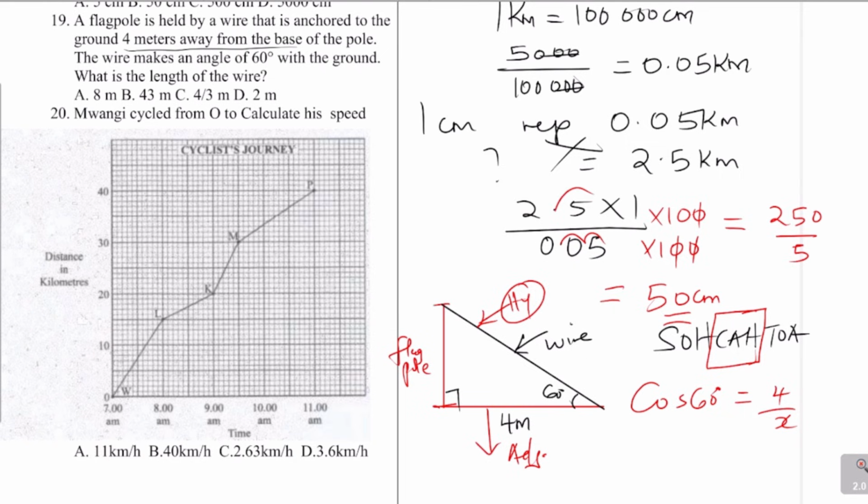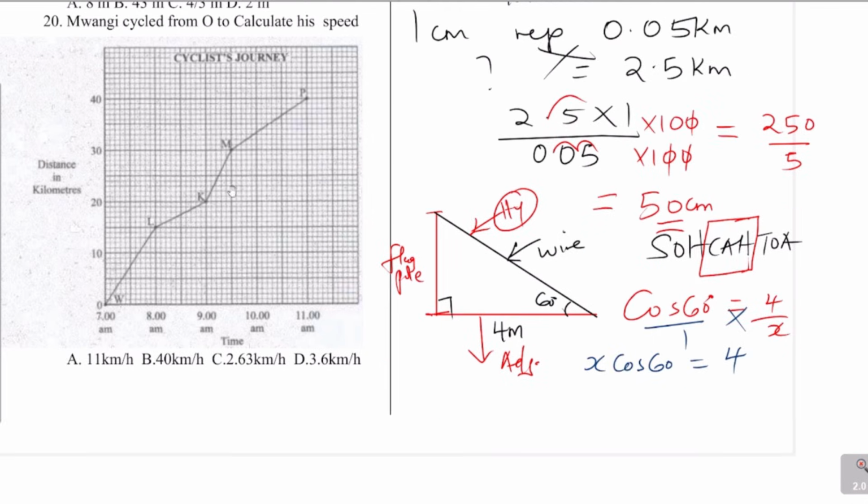From here you can simply cross multiply: x times cos 60 gives x cos 60, and 1 times 4 gives 4. Then divide both sides by cos 60, and you remain with x equals 4 divided by cos 60.